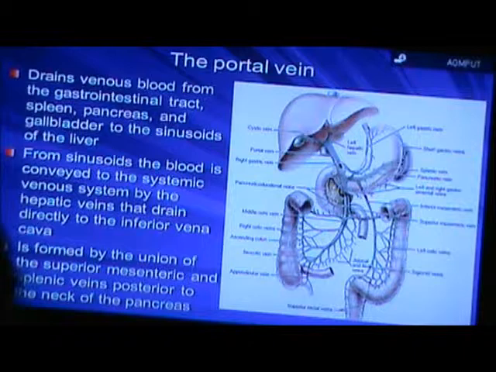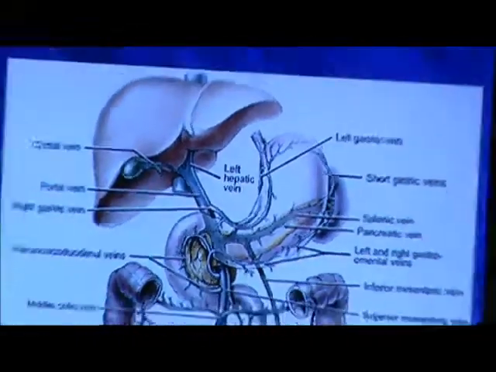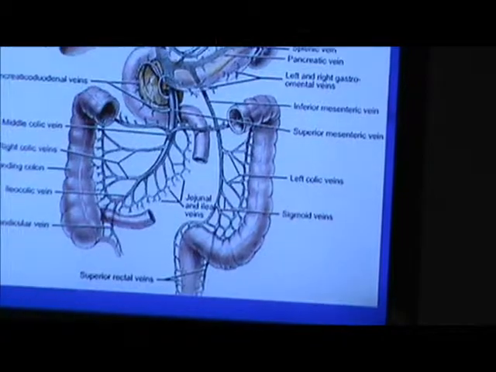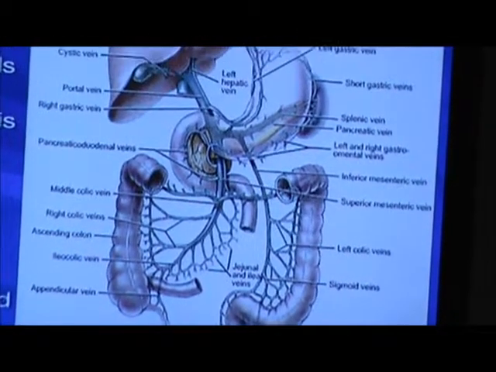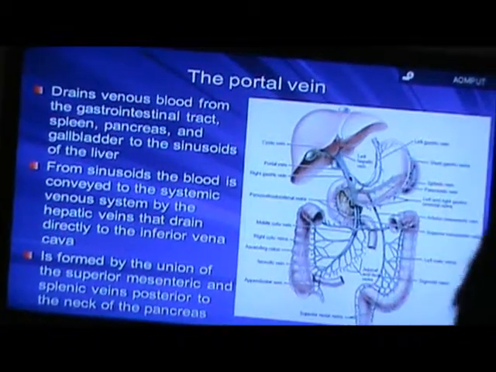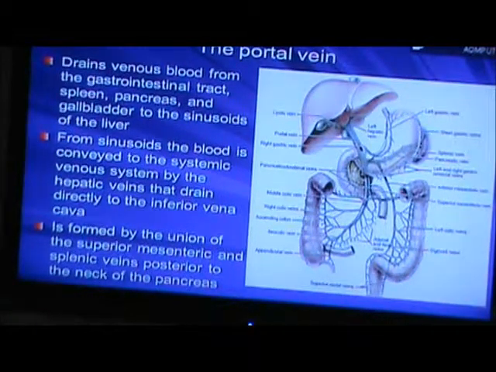The portal vein drains venous blood from the gastrointestinal tract, spleen, pancreas, and gallbladder to the sinusoids of the liver. So generally we can say that it drains blood from the unpaired, single organs, the small intestine, the large intestine, or part of the large intestine, the rectum.